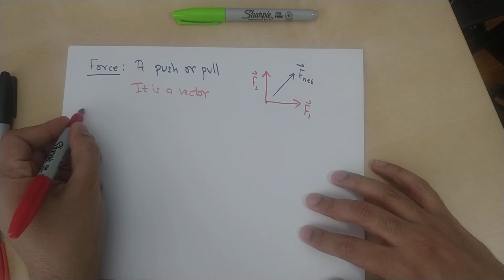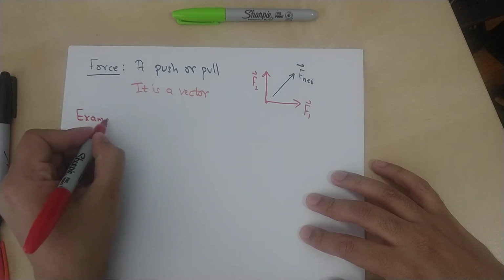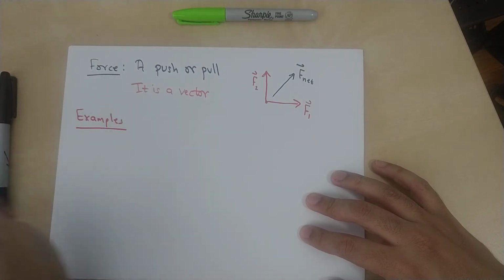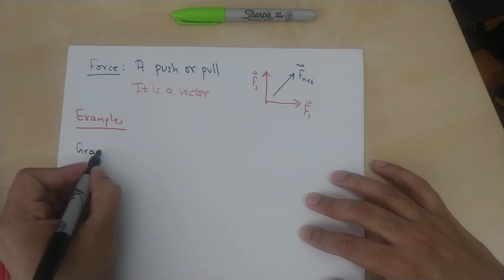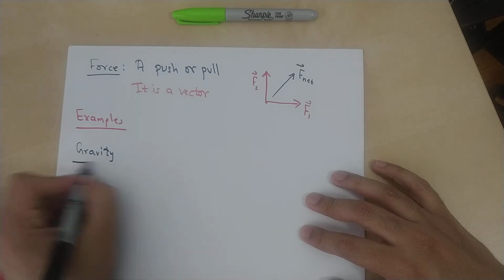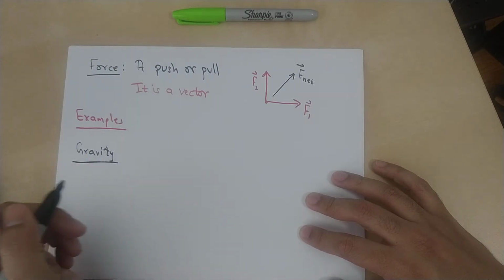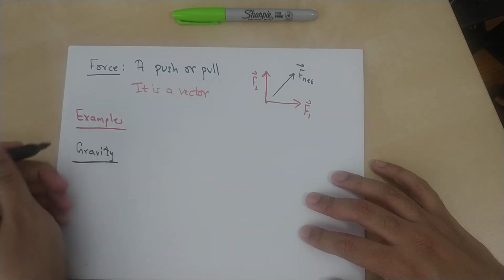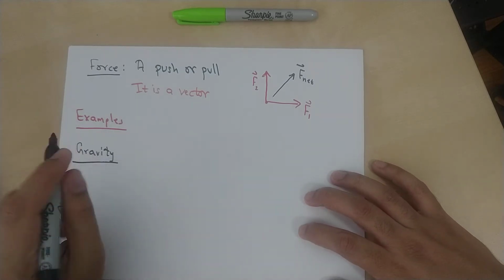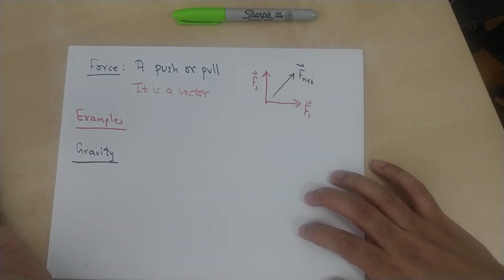So let's look at some examples of forces. The most common example that we all know about is gravity. Gravity is the force of attraction that the planet applies on any object in proximity, so you don't need to be in contact with the planet.